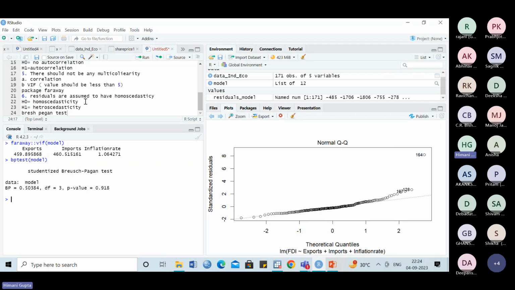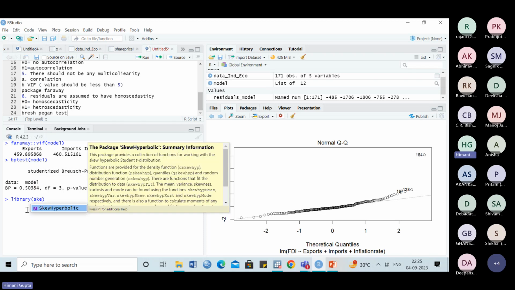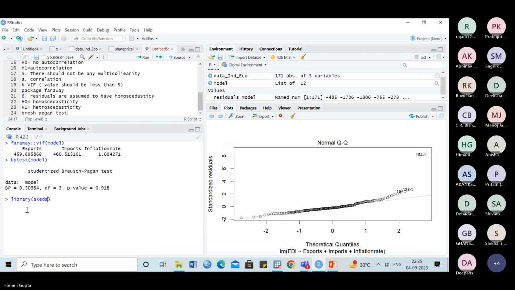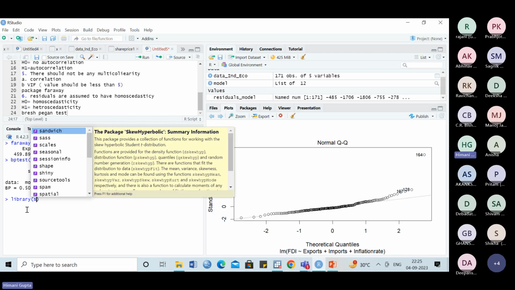Or even there is one more test, the White test, and for that there is a package. Let me check whether I have installed that package or not. There is a package named skedasticity. No, I have not installed the package yet.